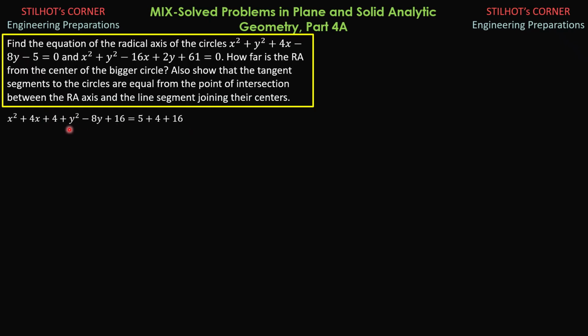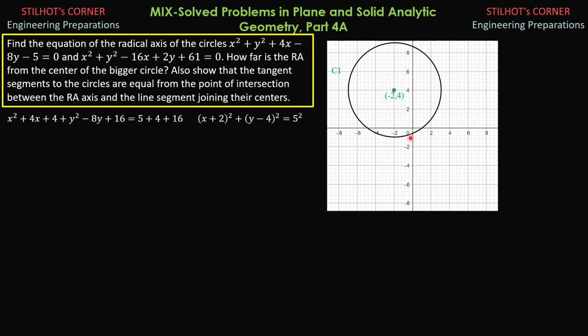So (x plus 2) squared plus (y minus 4) squared equals 5 squared. This is 25 on the right side. So the first circle, the bigger circle, has center at (negative 2, 4) and the radius is 5, as shown in this figure. I call that circle 1.